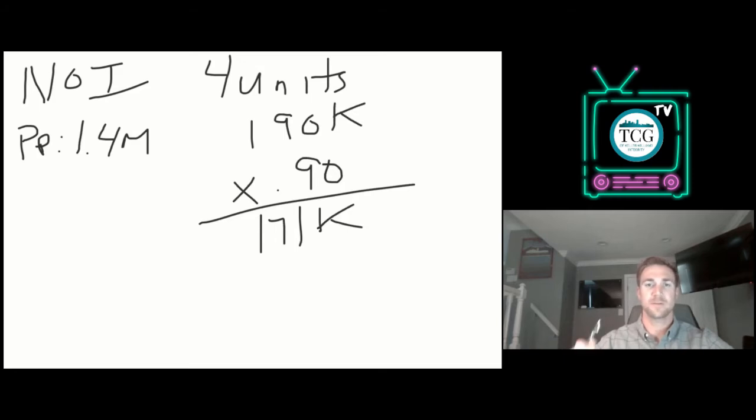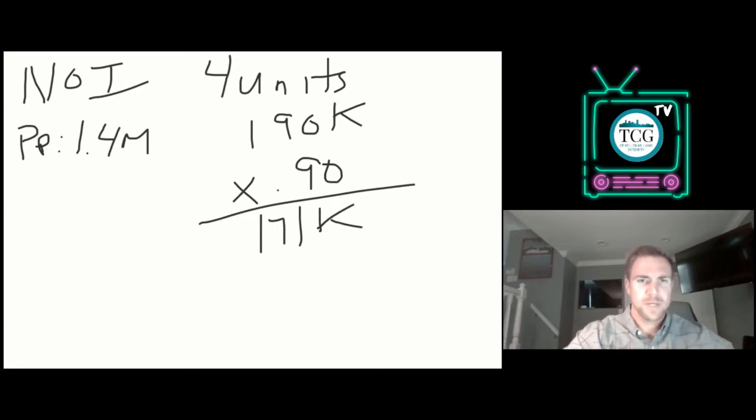We do have to factor in those capital expenditures in the roof and the parking lot and the rest of the structure. So the way that we do that, let's say what's the life expectancy for a roof, what's the life expectancy for a parking lot or the other major expenses, and then we find out what is the exact cost of that. Okay, so we take that entire expense and we divide it by the life expectancy in years. So we find out on average what we should be putting away per year so that it's paid off by the time it has to be replaced.